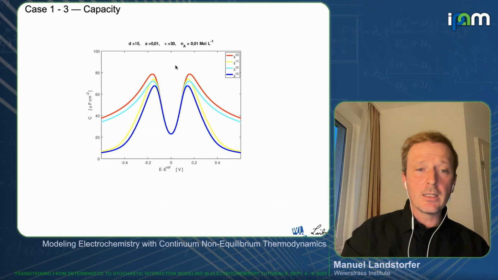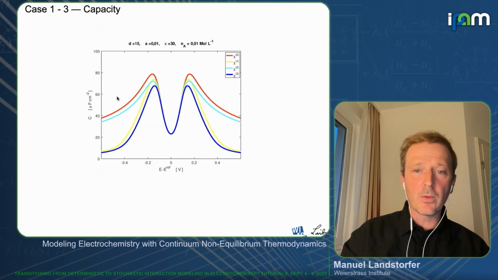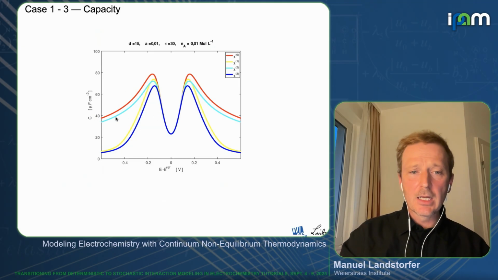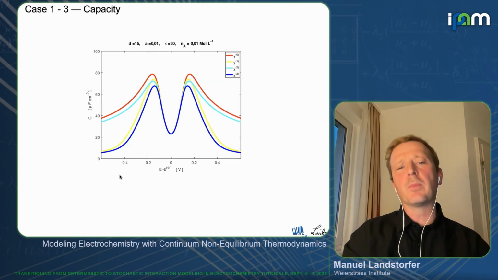Here's now an overview of these 4 different models for chi and how they impact the differential capacity. So red is for a constant value of chi. Yellow is where it is field dependent. Magenta is concentration dependent, and blue is concentration and field dependent.